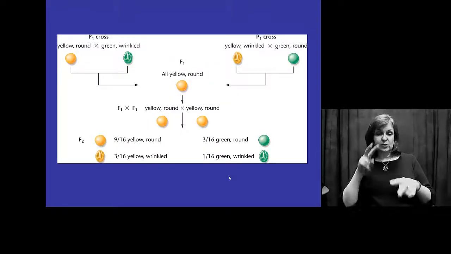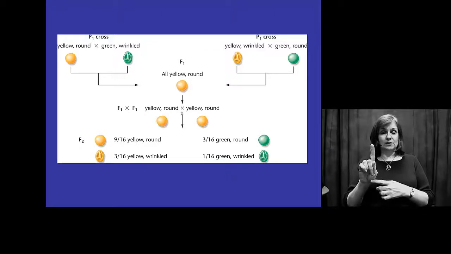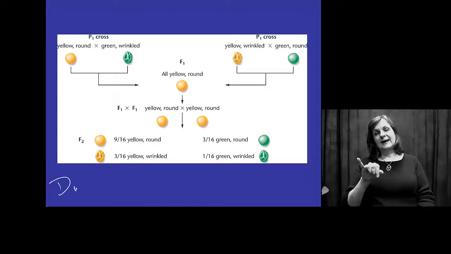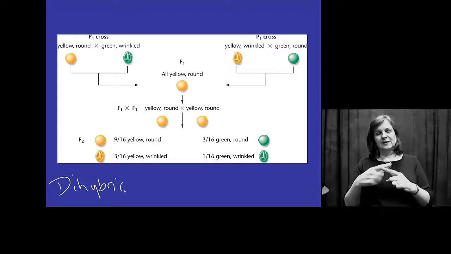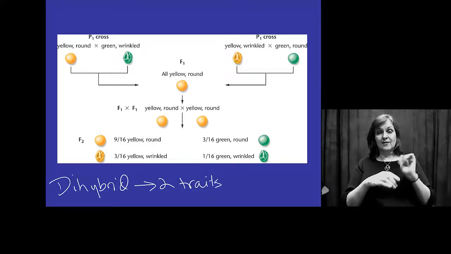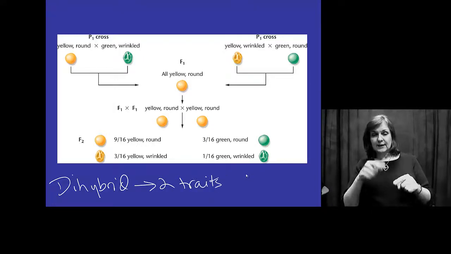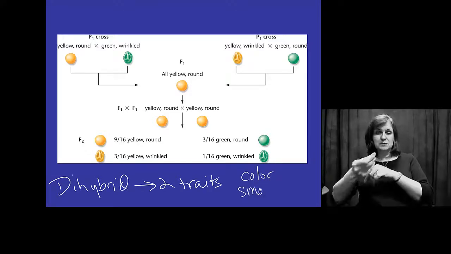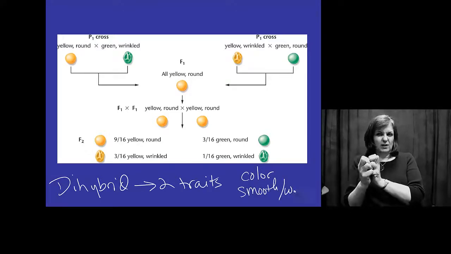Well, when we keep going, that was our F1 generation that produced F2. This is actually something called a dihybrid cross. We'll get into these later, but this considers two traits. In this diagram, they're considering whether the color is different and whether the peas are smooth or wrinkly.